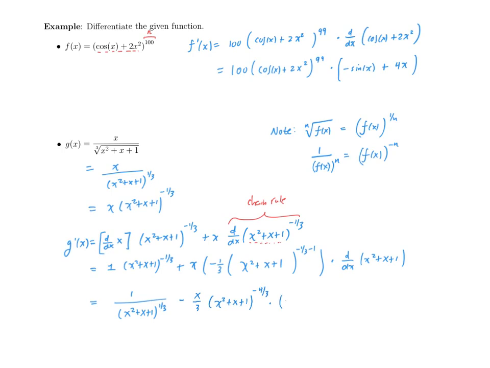And term by term, that would be 2x plus 1 plus 0. And we could keep going and rewriting this algebraically, combining together into a single fraction, but leaving it at this point is more than okay with me.